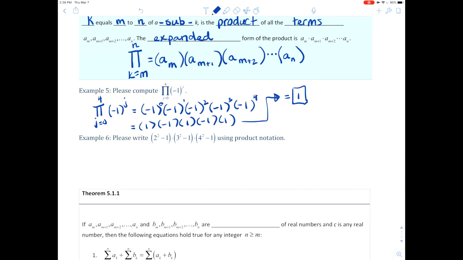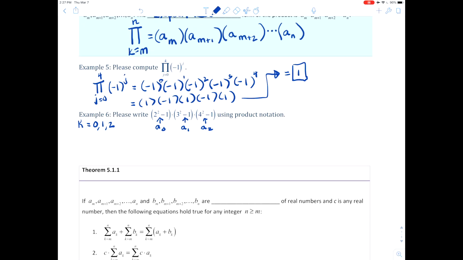Let's say K is equal to 0, 1, 2. We have 3 terms. So this now would be our A sub 0, A sub 1, and A sub 2.